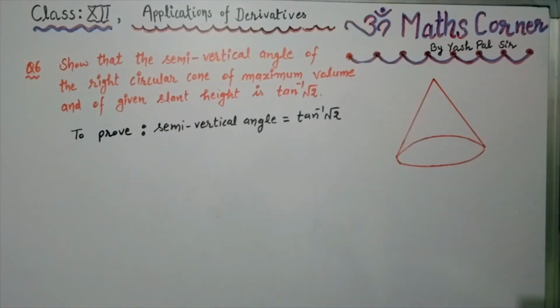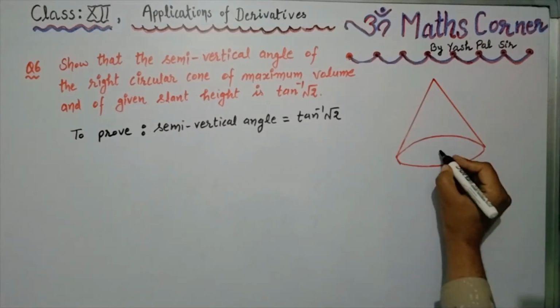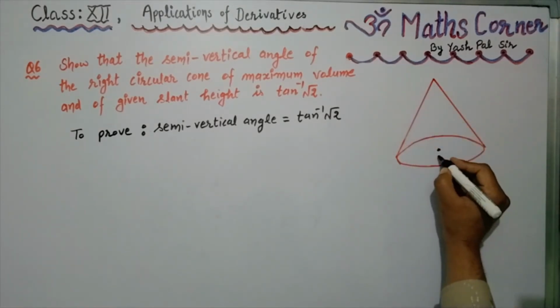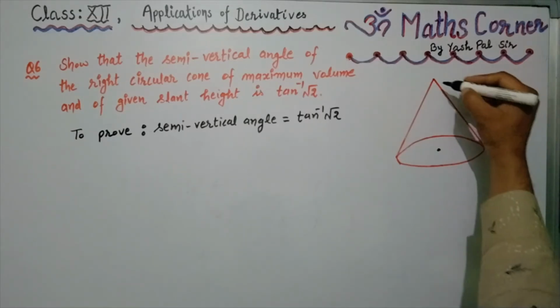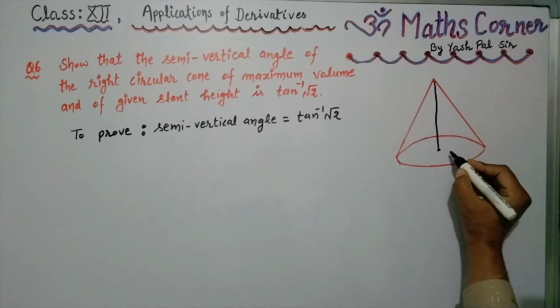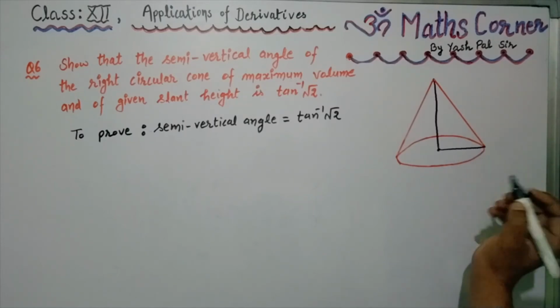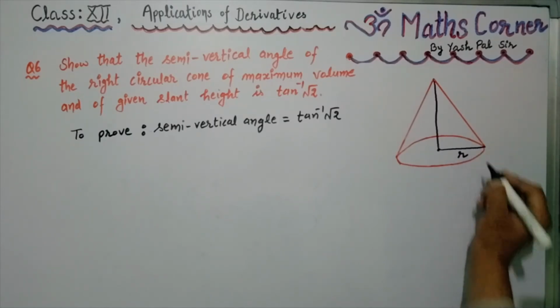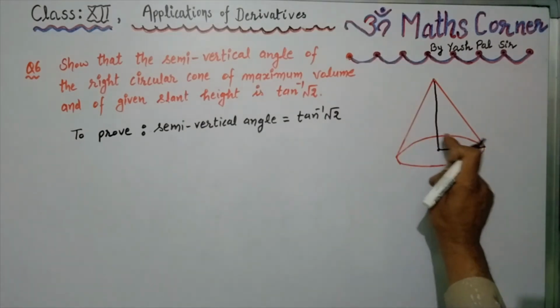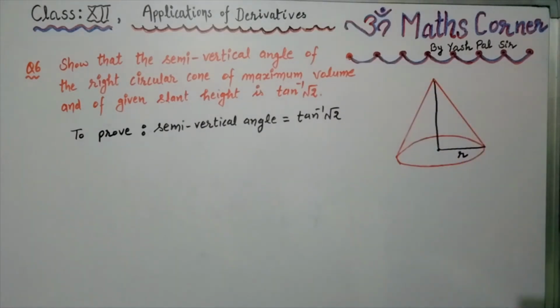Okay, so first of all, this is the right circular cone. Suppose this is the center of the base circle of this right circular cone, and joining this way we have this line.